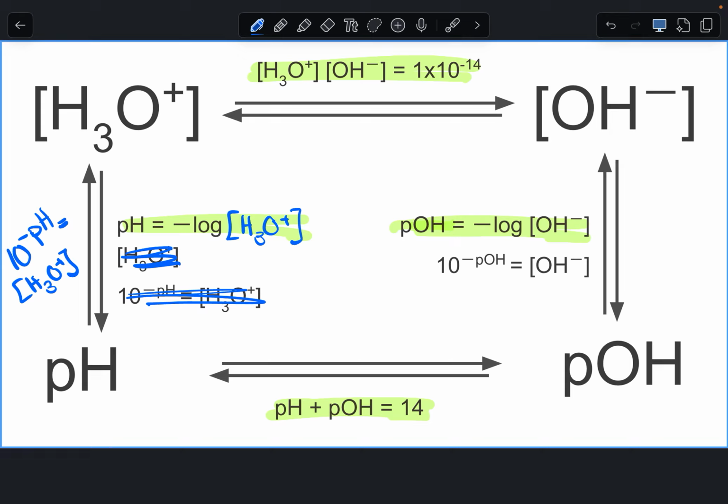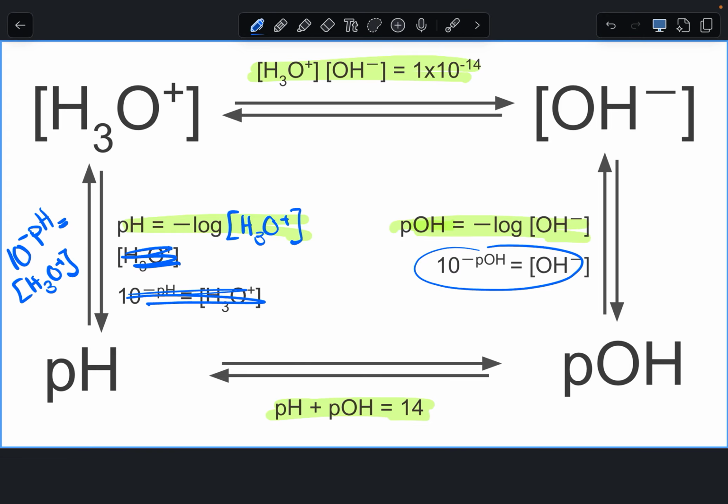And then same for the other side, 10 to the negative pOH will give you OH minus. So they're 2 different equations going back and forth, because you can't just divide by a log. It doesn't work that way. The way you undo a log is by doing 10 raised to that value.